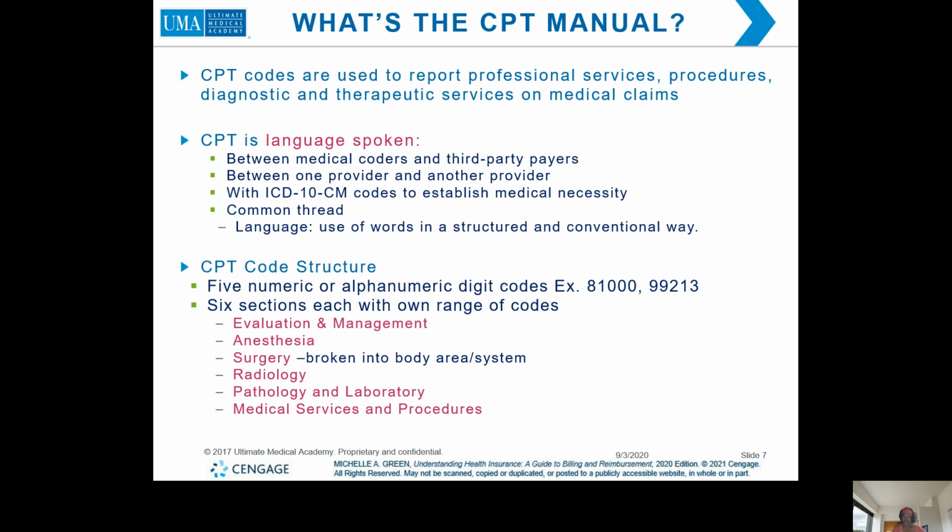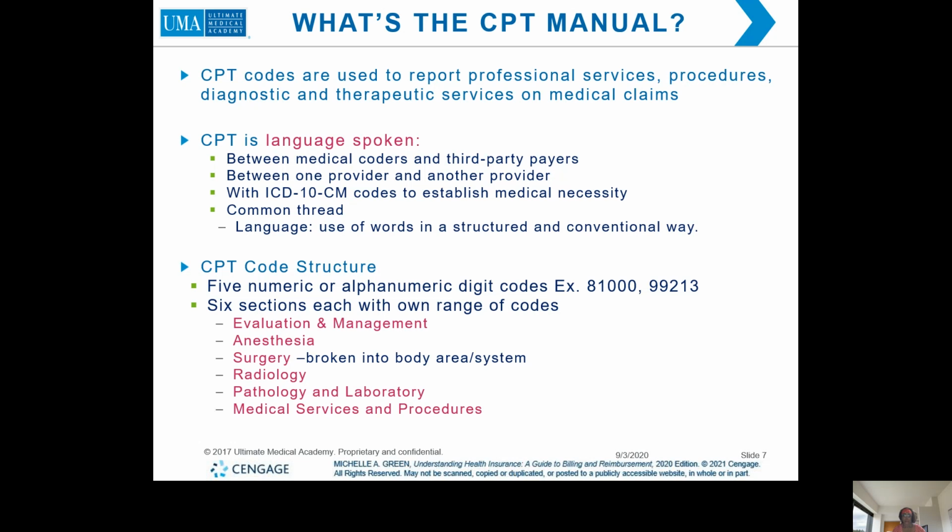So no matter what we say, every time we say something or every time we use a code, it means the exact same thing every time we use it, unless that code has been revised or updated by the AMA.